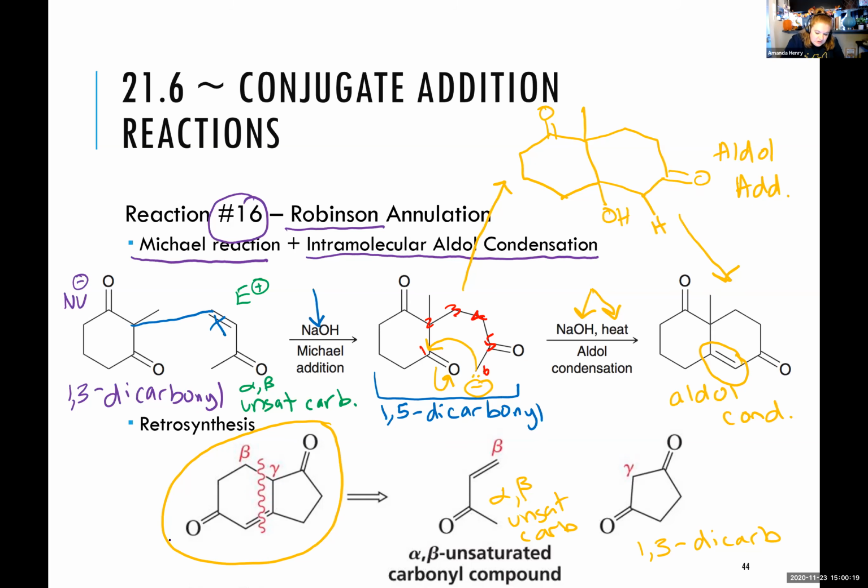So if we look at that 6-membered ring and break the double bond and break the bond between the beta and the gamma carbons, I'm going to use the terms left and right here based off of how this one's drawn. For this one, that means the left-hand side is my Michael acceptor, our alpha beta unsaturated carbonyl. And the right-hand side is my 1,3 dicarbonyl.